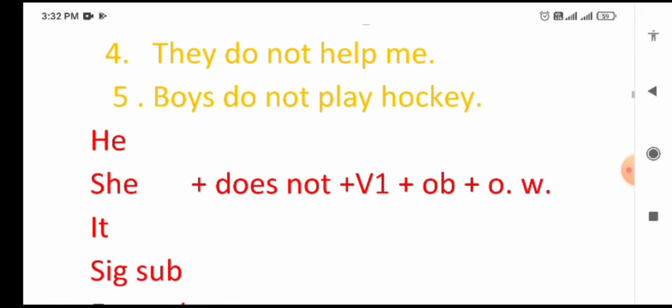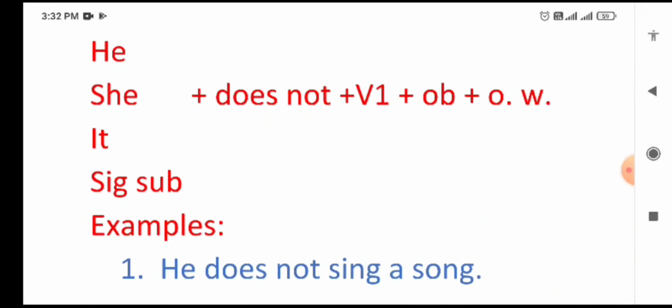But if your subject is he, she, it or a singular subject, then you have to use helping verb does not plus first form of verb plus object plus other words. Here don't use s or es with first form of verb because your s or es have been put with the do and do becomes does.